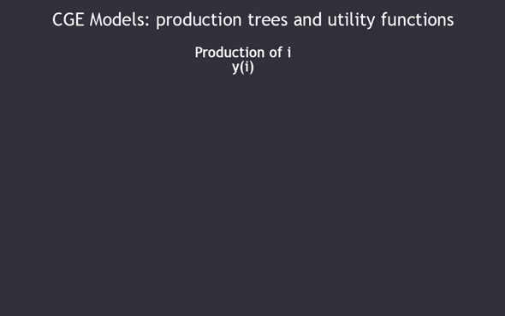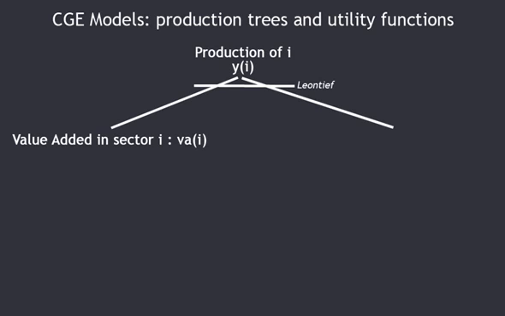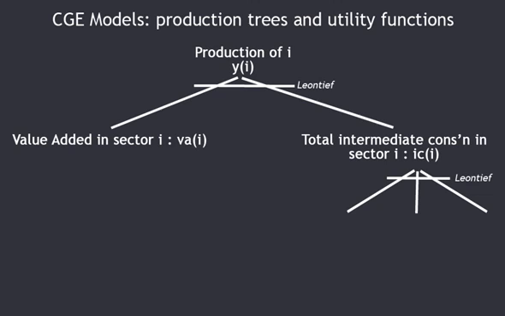Production of I is denoted Y in sector I, and is a Leontief function of value added in sector I, VA in sector I, and total intermediate consumption in sector I, denoted IC in sector I. On the right side, nothing changes, and total intermediate consumption in sector I is a Leontief function of the intermediate consumption of good J by sector I, denoted Cij.